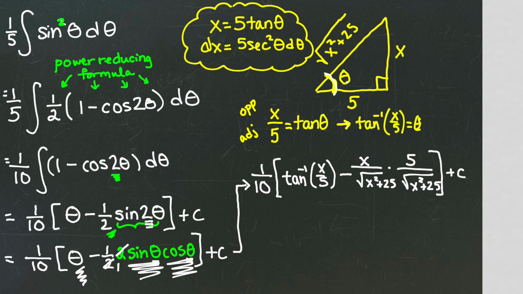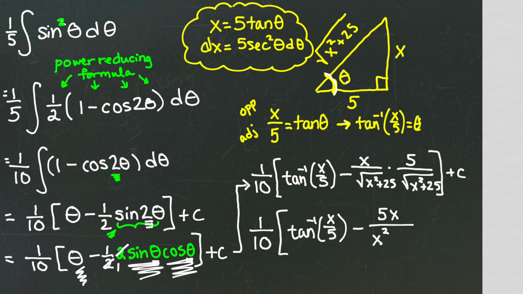And I think I'll multiply those together. Let's see what we get. So I'm getting 1/10 times the inverse tangent, or if you like, arctangent of x over 5, minus, on top I have 5x, over the square root times the square root, which just gives us x squared plus 25, parentheses closed, plus c.